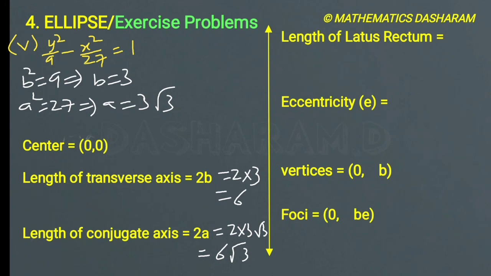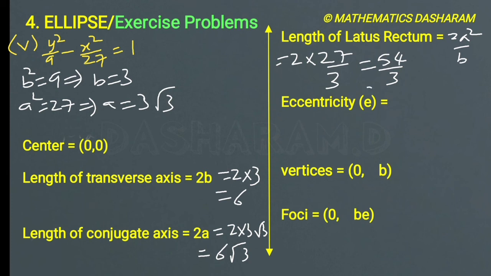Length of the latus rectum 2a square divided by b, so then 2 into a square value 27 divided by b value 3, so 54 divided by 3.